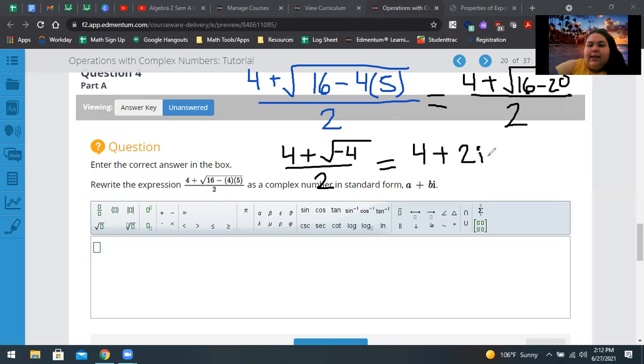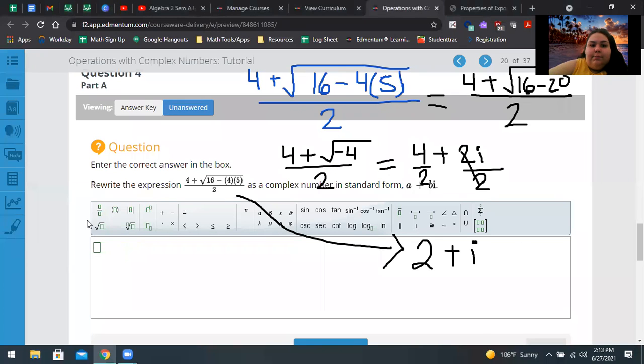The negative becomes the i, take the square root of 4, which is 2. I'm going to split this up here, put this over 2 and this over 2, we simplify. 4 divided by 2 is 2, plus the 2's cancel, we're left with i. So your complex number is 2 plus i, which you'll be typing down below.